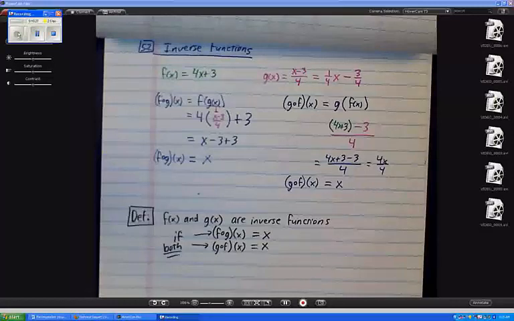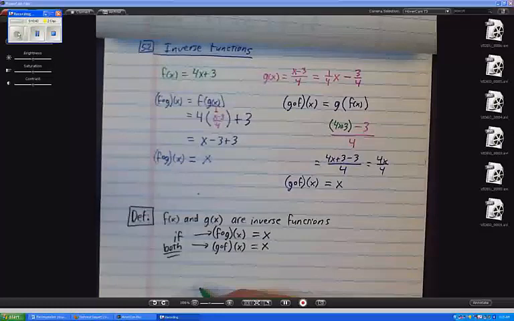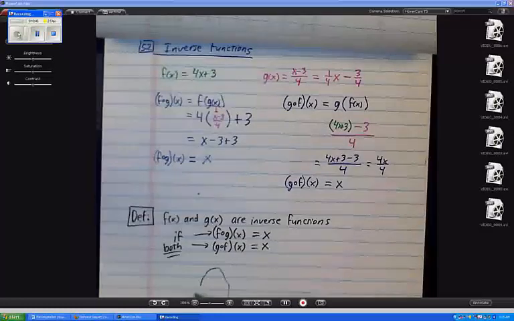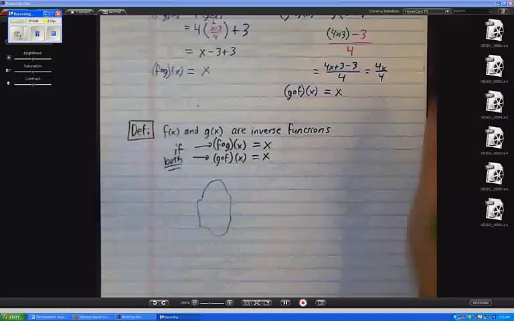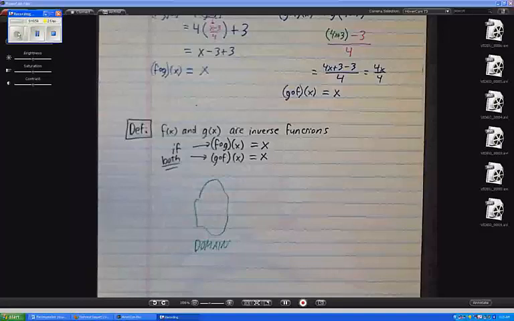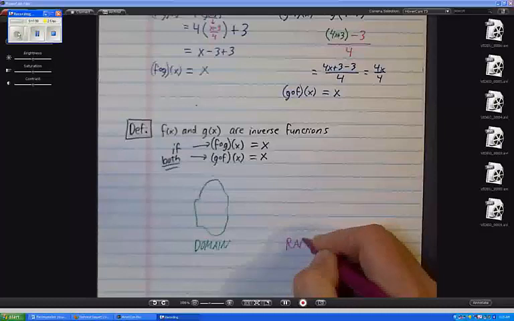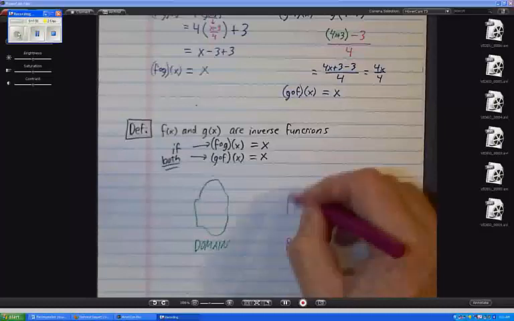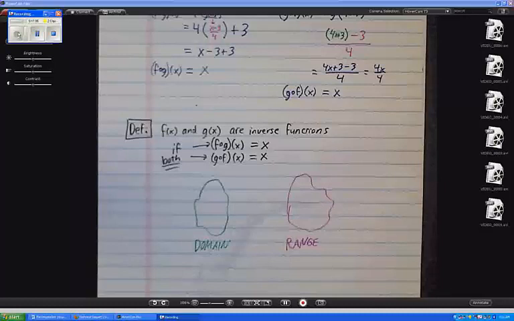And now, I guess the question is, what do I mean by inverse functions? Well, it's like this. If you have a picture of some, this is my domain. What's that mean? Well, range is the opposite, right? Over here, maybe I'll have the range. Okay? But what happens is, let's see if this makes sense to you.